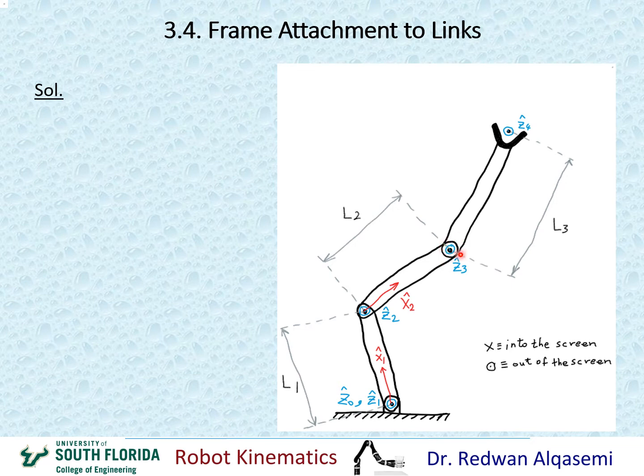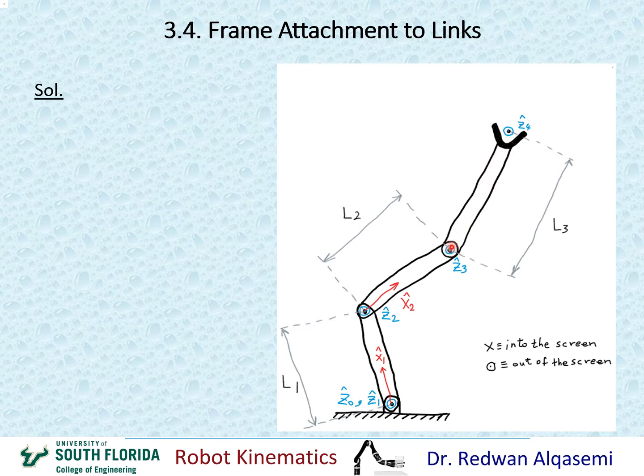Okay, now for X3, I'm going to look at Z3 and Z4. I'm going to identify the common perpendicular between Z3 and Z4. Z3 is coming out of the screen, Z4 is coming out of the screen. The common perpendicular is the line between them along here. And that means that the origin of frame 3 would be right at this point, which is the intersection between Z3 and the common perpendicular between Z3 and Z4.